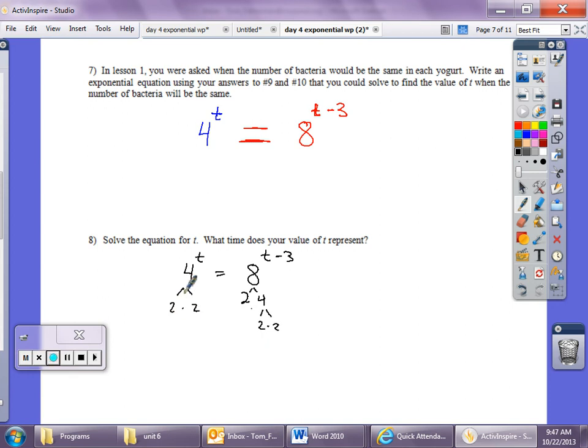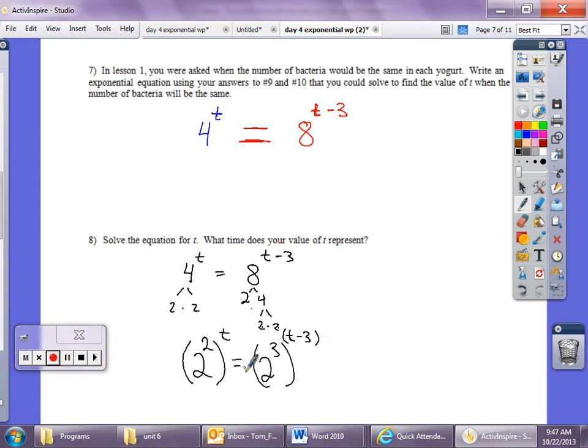So we're going to change both bases to 2. This is going to be 2 to the second power, all raised to the power of t. And this is 2 to the third power, raised to the t minus 3.